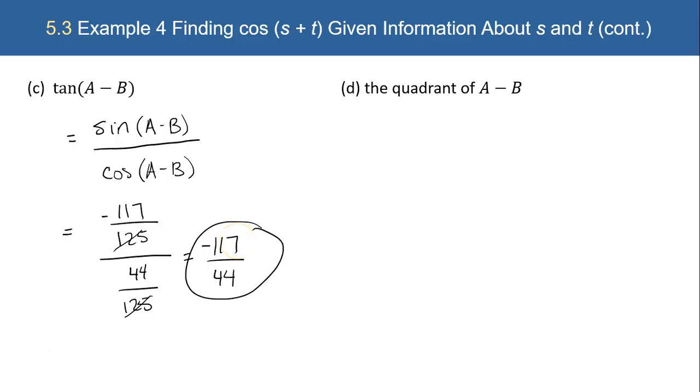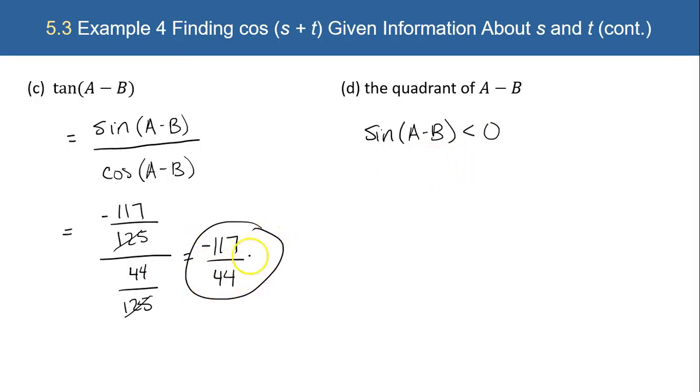Now to figure out what quadrant A minus B, that angle, is in. Well, what I would say is let's look at the values for sine. Sine of A minus B, if we look back, that was negative, so less than 0.